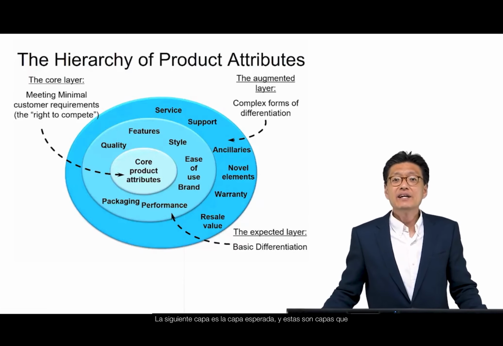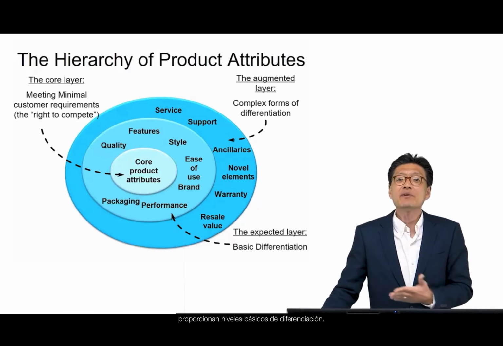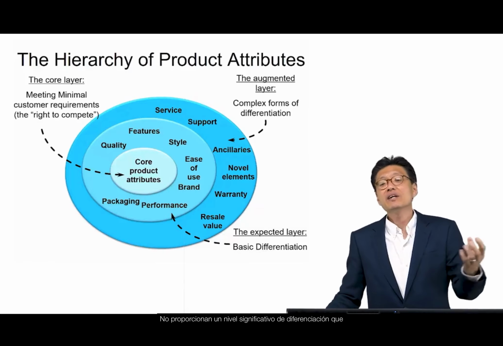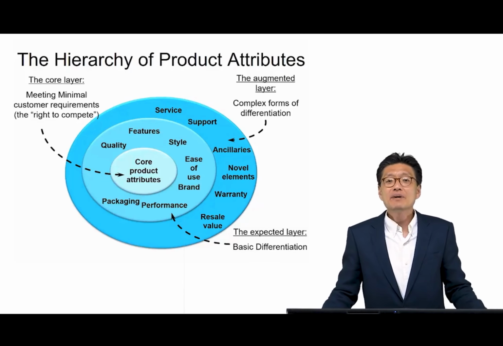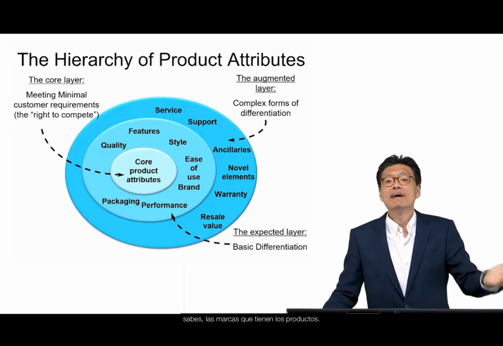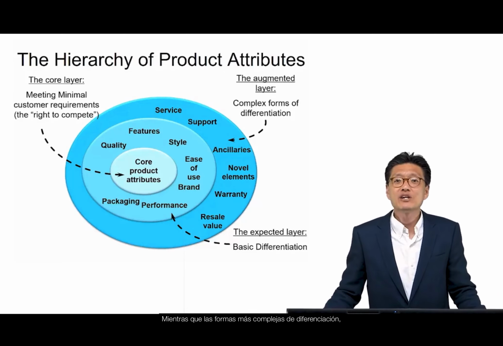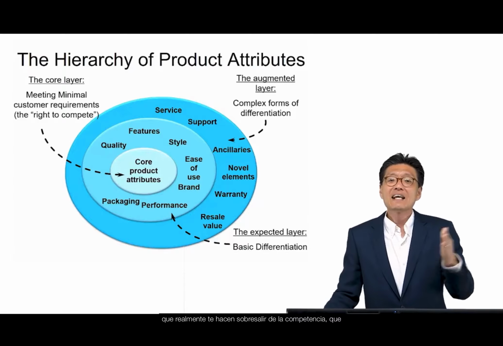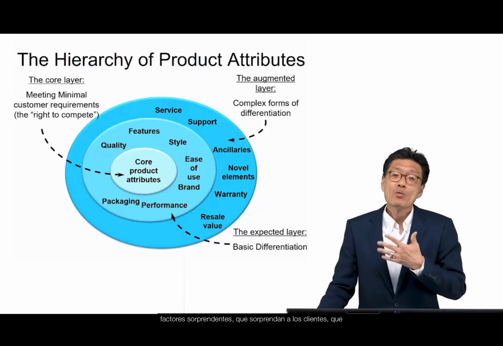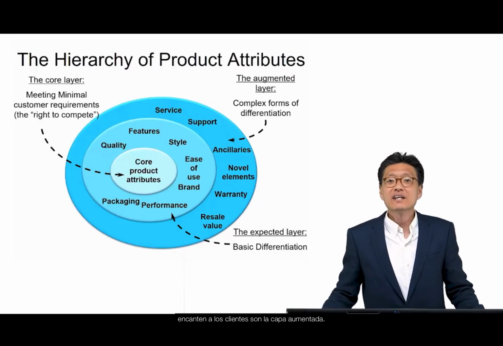The next layer is the expected layer, and these are layers that provide basic levels of differentiation. They don't provide a significant level of differentiation that really makes you stand out from the pack. But these are the entry-level type of differentiations that brands, that products have. Whereas the more complex forms of differentiation that really make you stand out from the competition, that can provide customers with wow factors, that surprise customers, that delight customers, are the augmented layer.